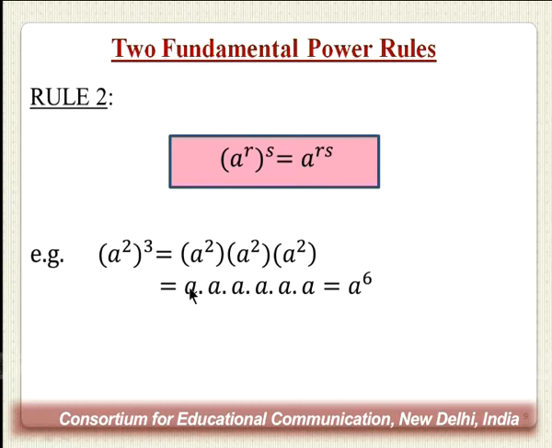So a squared times a squared times a squared. Now what is that? a squared is nothing but a times a, and if you multiply a times a with a times a, and the third time with a times a, that gives you a to the power 6. And clearly that conforms to our rule that a squared, the whole cube, will be nothing but a to the power 2 multiplied by 3. So 2 multiplied by 3, r multiplied by s here, is 6.